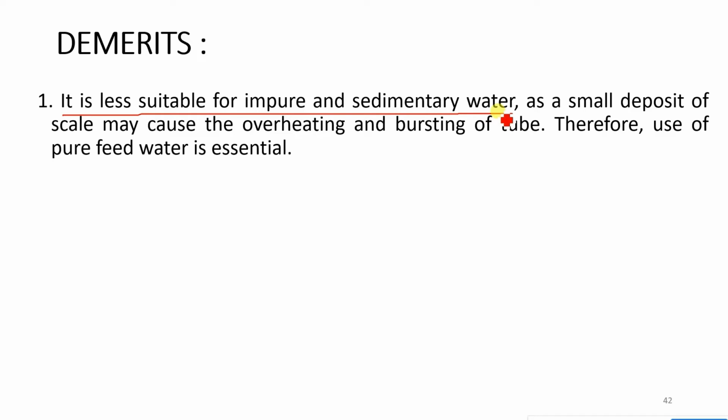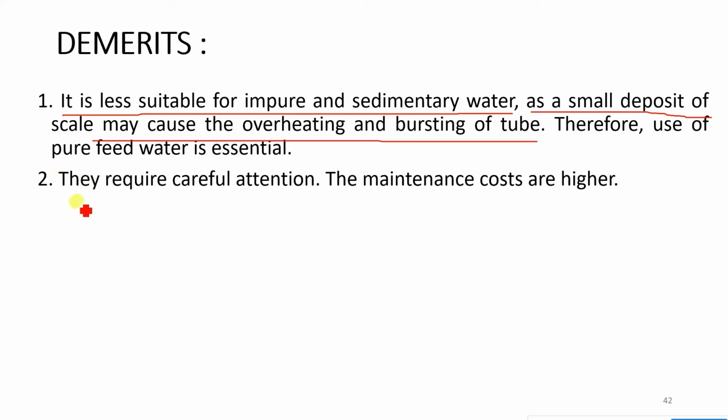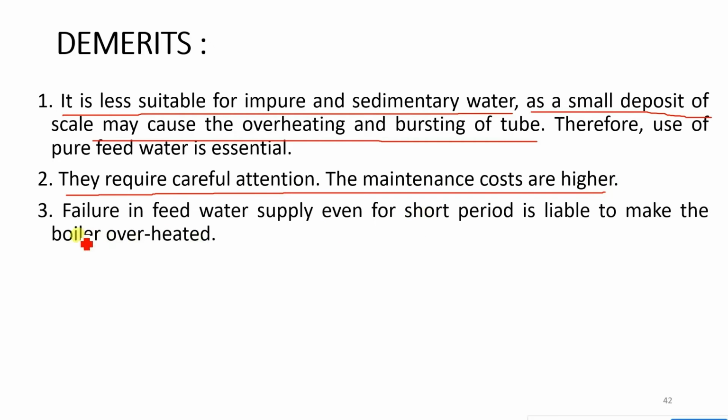So steam generation will be reduced. A small deposit of scale may cause the overheating and bursting of the tube. Therefore, use of purified water is essential. They require careful attention. The maintenance cost is also higher. Failure in the feed water supply, even for a short period of time, is liable to make the boiler overheat.